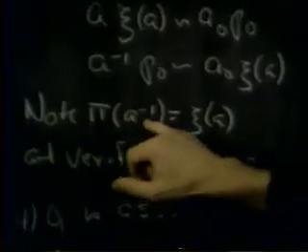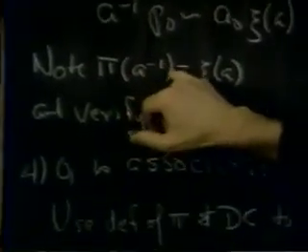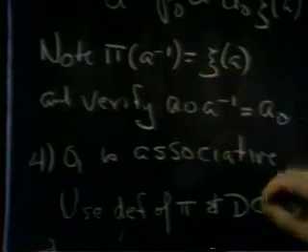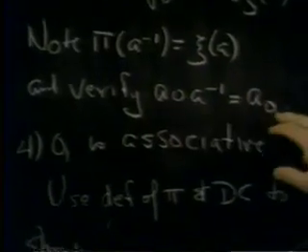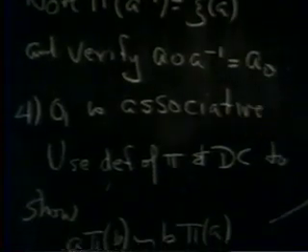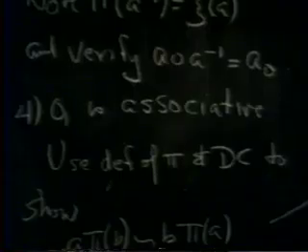We note that pi of A inverse is equivalent to zeta of A. And then it's a simple verification that this does in fact behave as an inverse. It's a very simple calculation.